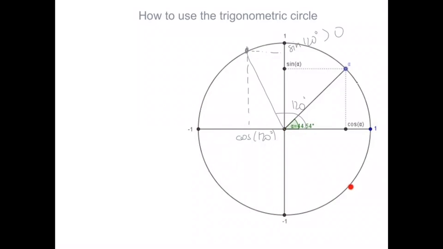If you take a point right here, for example, the cosine is going to be positive and the sine is going to be negative. So this all relates to the fact that the x-coordinate of this point is interpreted as the cosine and the y-coordinate can be interpreted as the sine for the angle that it makes with the x-axis.